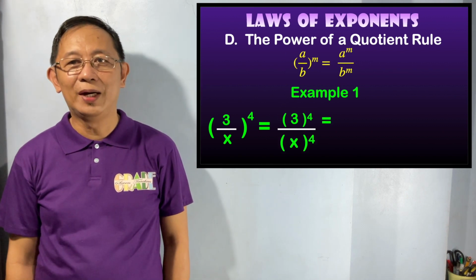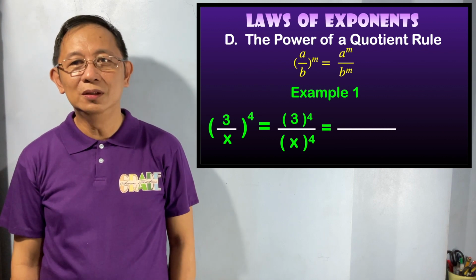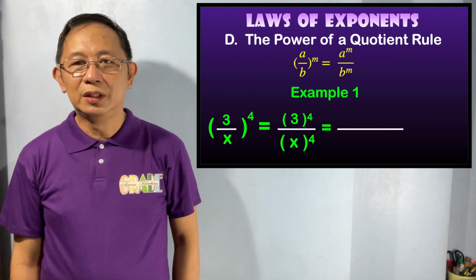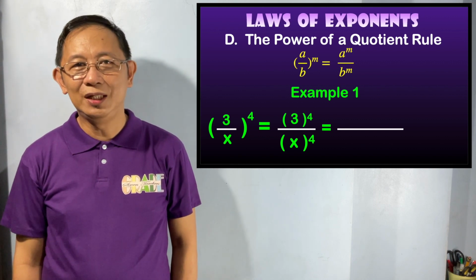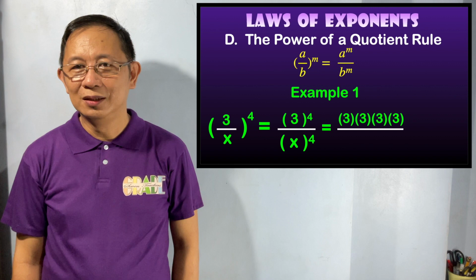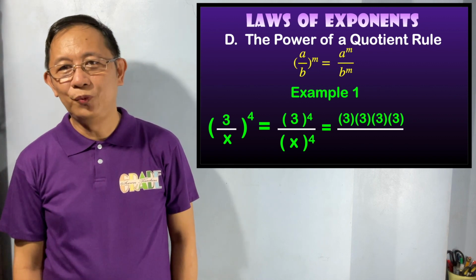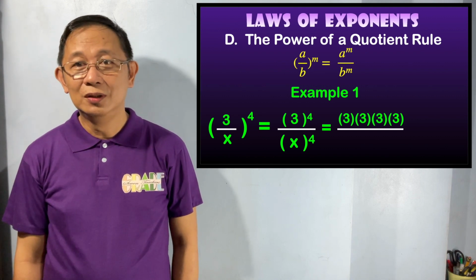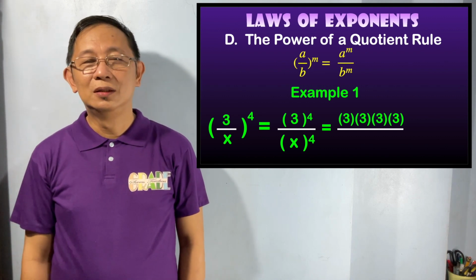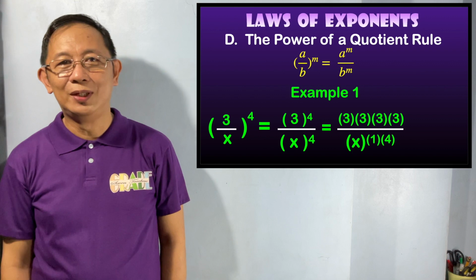And then simplify. 3 raised to the 4th power is equal to 3 times 3 times 3 times 3. And x to the 4th power can be x times x times x times x, or by the power rule, x raised to the 1 times 4 power.